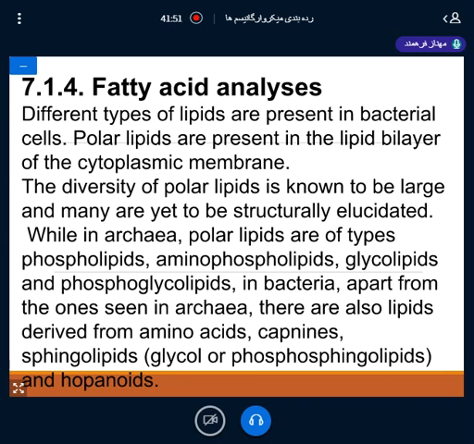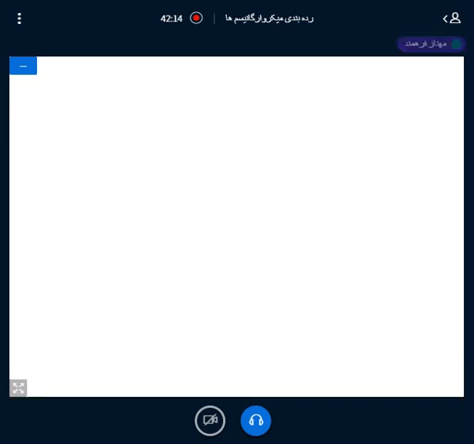So, hopanoids, I was telling about hopanoids. Hopanoids are very similar to sterols. They give rigidity to the plasma membrane. They can shape and they can do many actions in bacterial cells, a kind of lipid very similar to sterols.